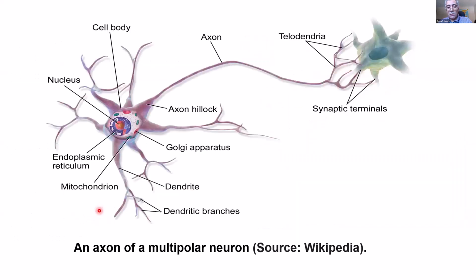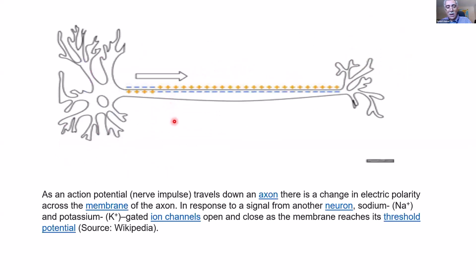This is the neuron that you can find in any textbook, or this is from Wikipedia. We are looking at the propagation of a single pulse in the axon of the neuron. The propagation is an action potential, a nerve impulse that travels down the axon because of the change in electric polarity across the membrane, as you can see in this illustration from Wikipedia, in response to a signal from the synapse coming from another neuron.